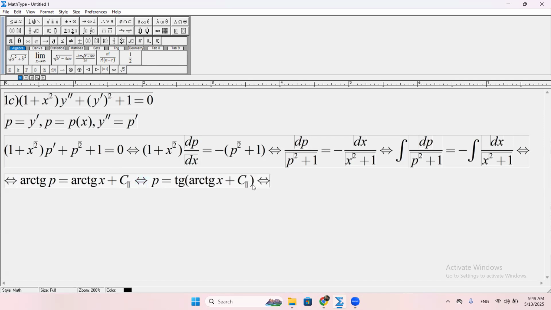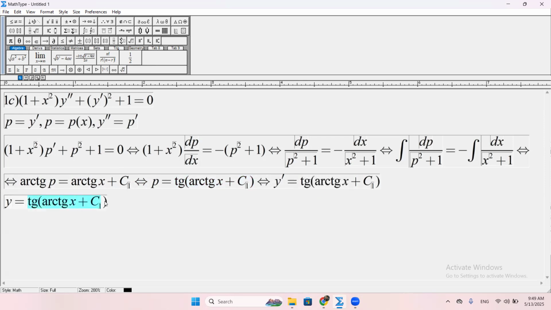So actually, now we substitute y prime instead of p. And y will be equal to the integral of this expression.